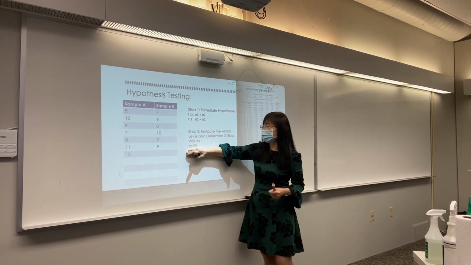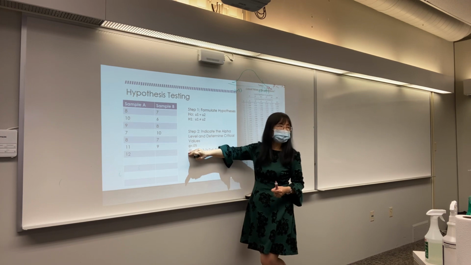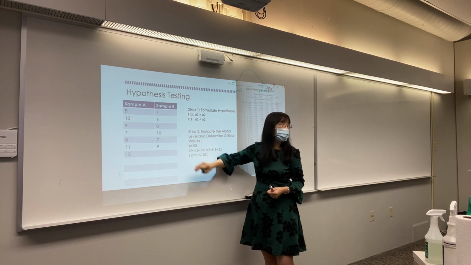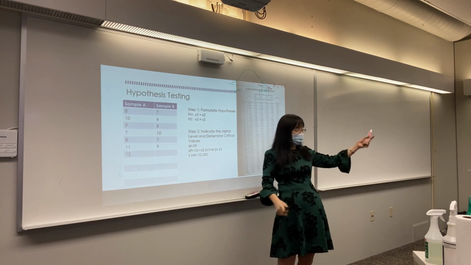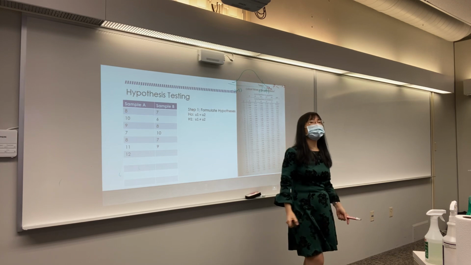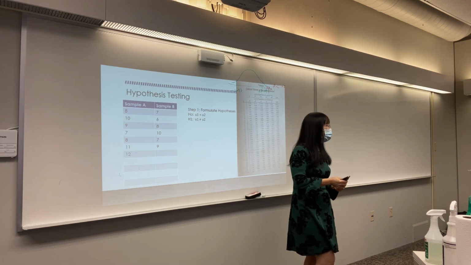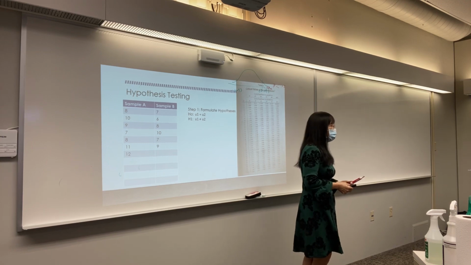So what's your degree of freedom? What did you get? For sample A, it's 6, and for sample B, it's 5.